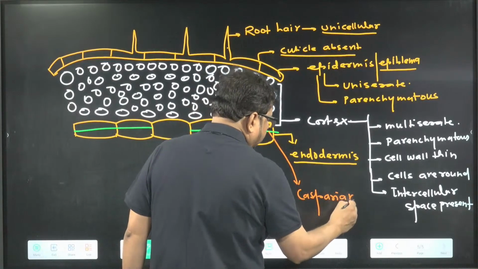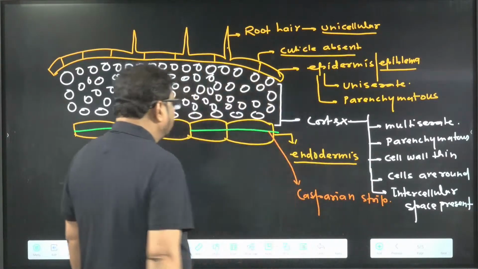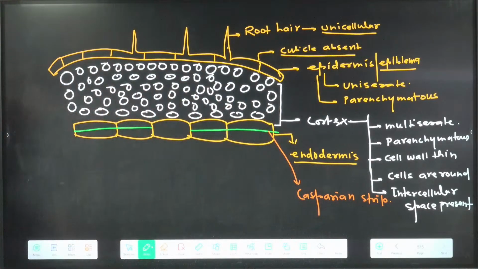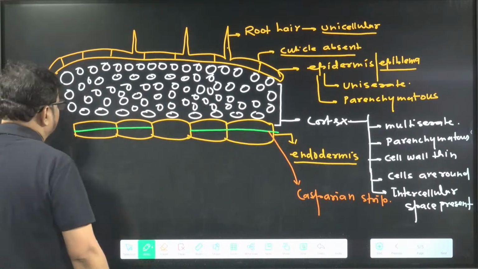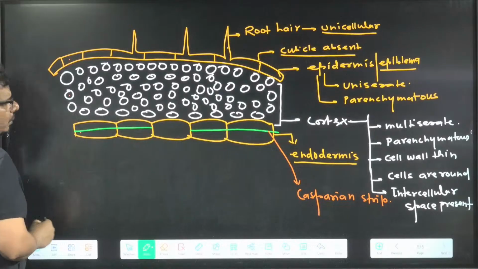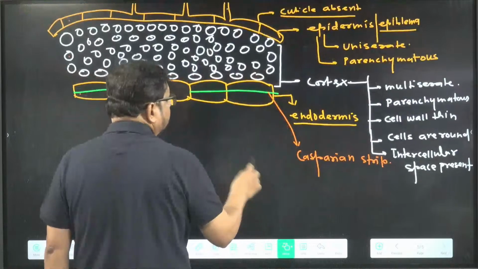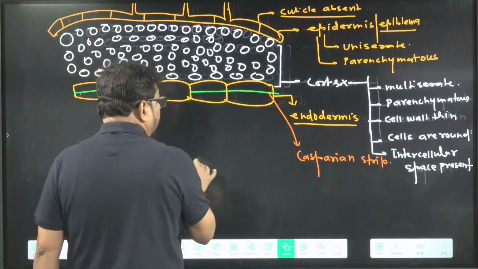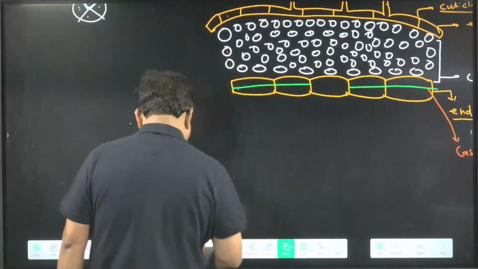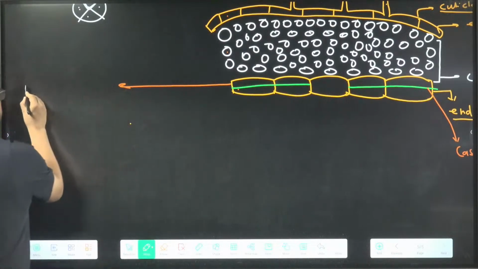Got the idea? Is it clear in the mind? Right? So this is the epidermis, this is the cortex, this is the endodermis. Let me write something about the endodermis. I think space is not there, so I am writing on this side about the endodermis.